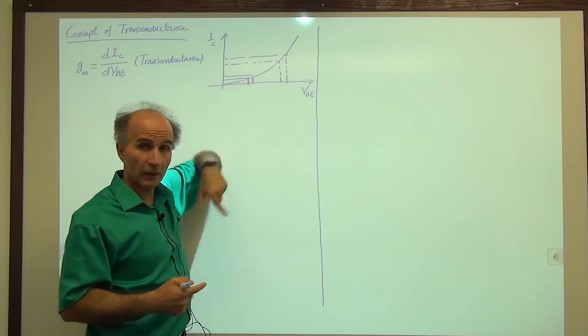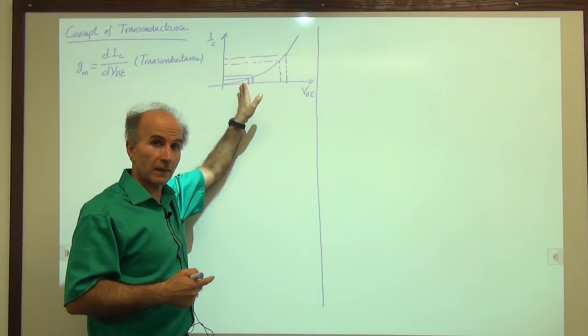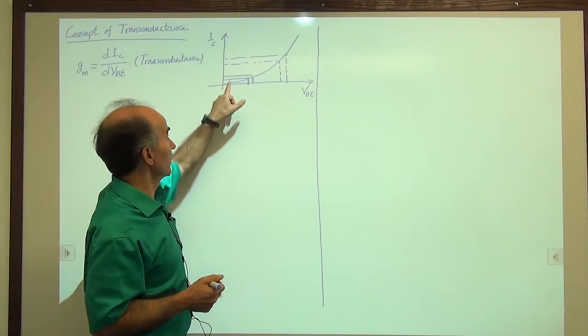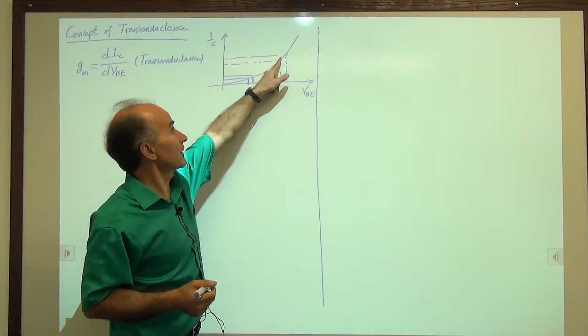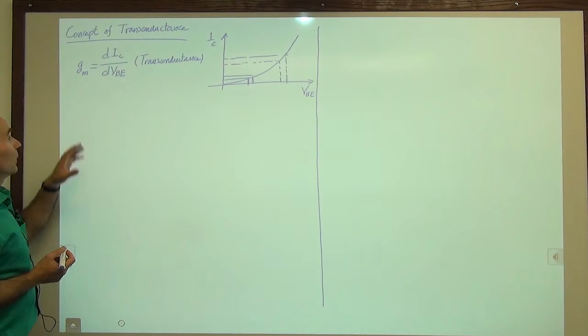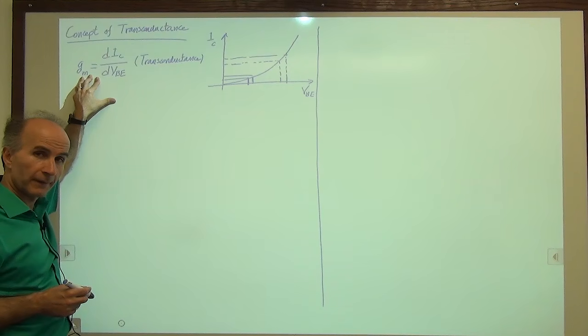Here we get more change in the collector current. So the transistor is a better amplifying device here than it is here. And that's what we define as the transconductance, the slope. So this slope is lower than this slope.